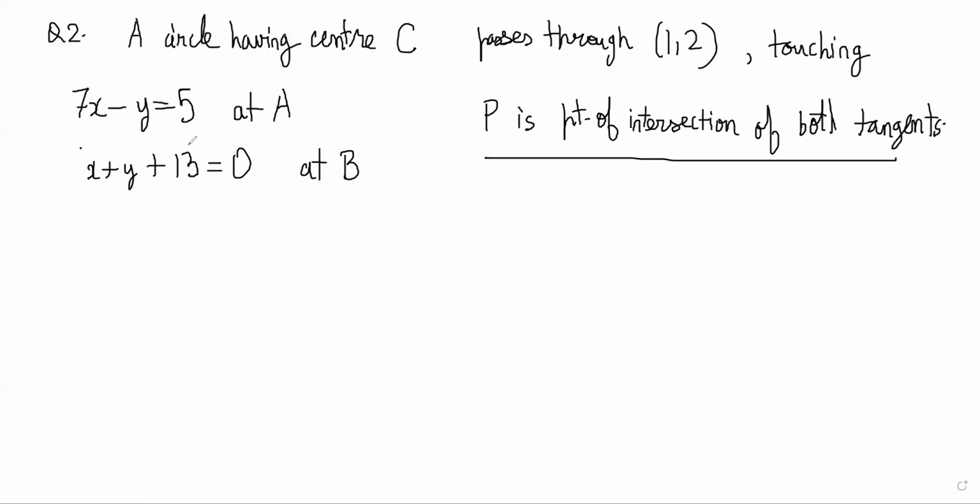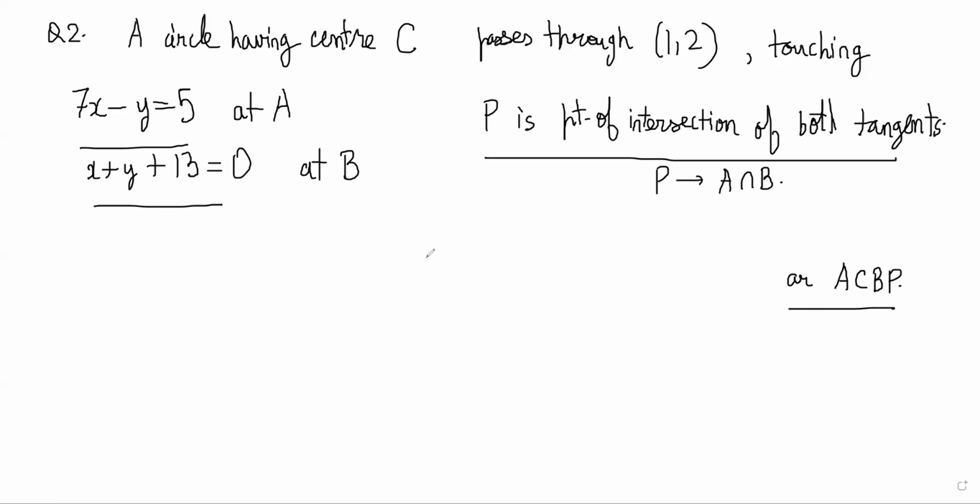Obviously, these lines are tangents to the circle. So P is the point of intersection of the two lines. And we have to find some information about quadrilateral ACBP: area of ACBP, and radius of the smaller circle.